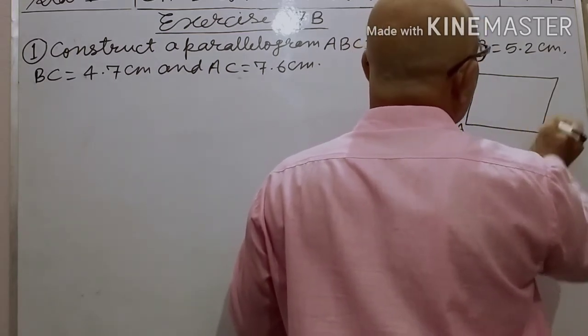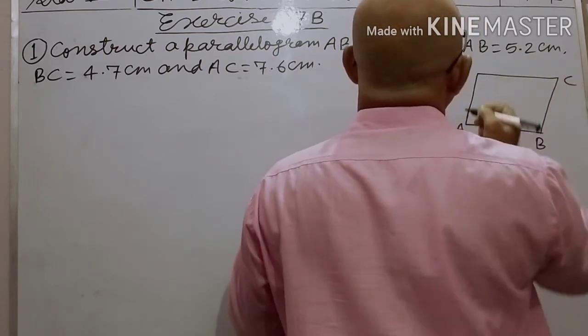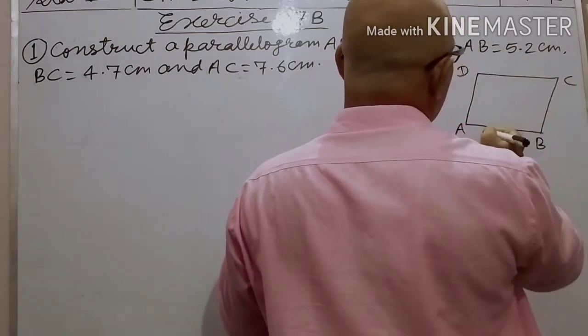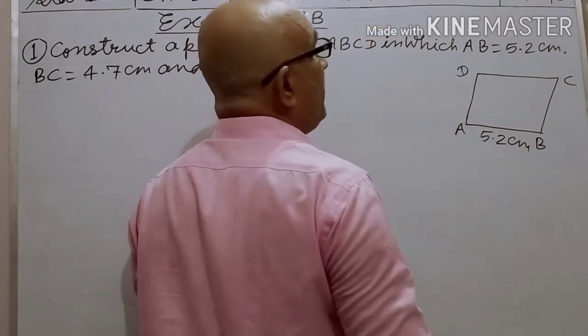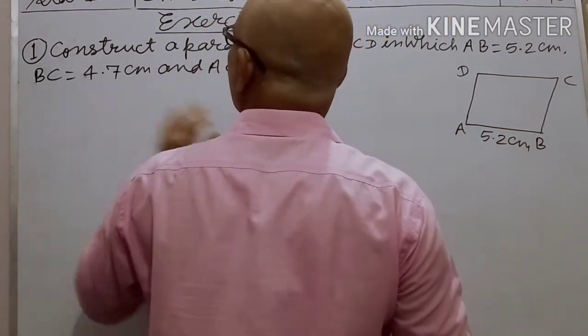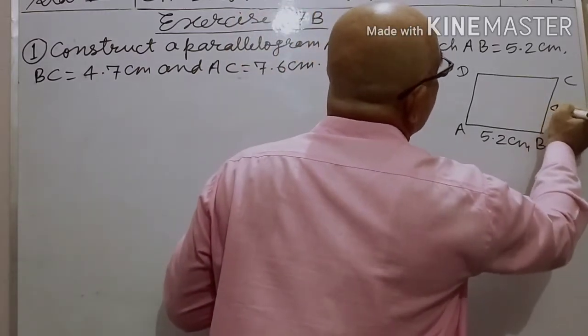A, B, C and D. AB equal to 5.2 cm. BC equal to 4.7 cm.